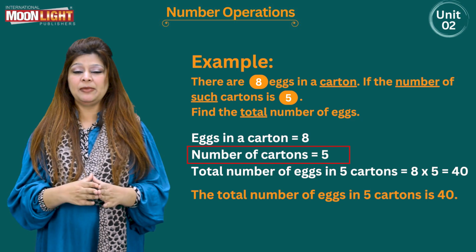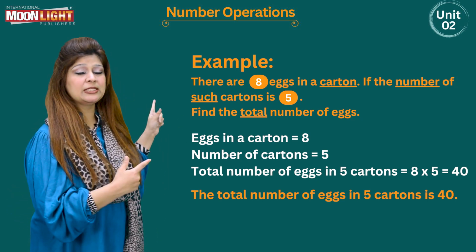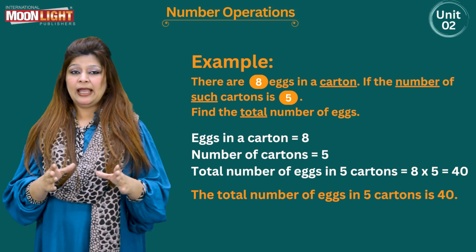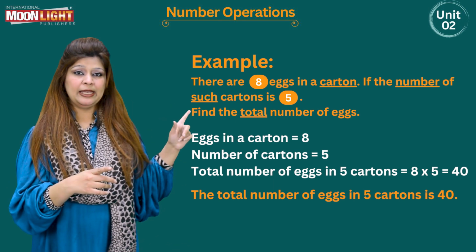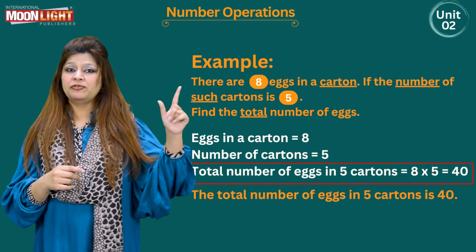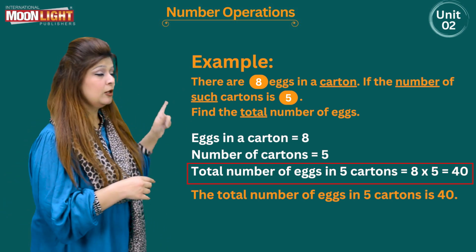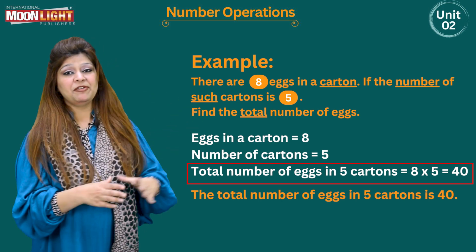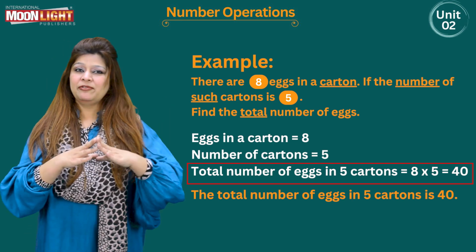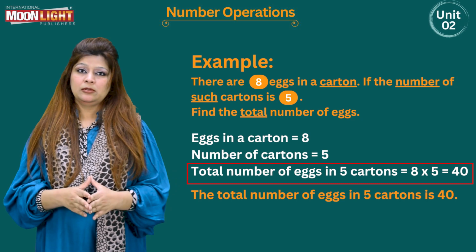Now the final statement I will write from the statement which is in the box. Find, in your mind, the total number of eggs. You can write it down as: total number of eggs in 5 cartons is equal to 8 multiplied by 5. Recall the 5 times table.